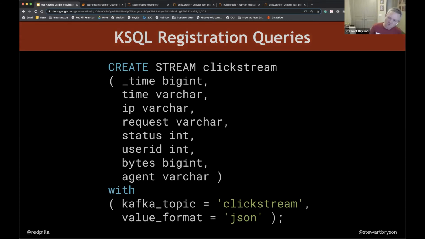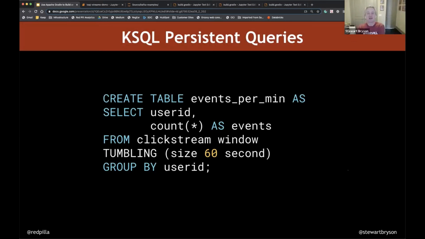Now we also have persistent queries, and they are exactly what the name implies. When I say create table or create stream as select, then as soon as I issue that statement in KSQL, not only do I get that new table or that new stream, I get a new topic if it doesn't already exist. So KSQL will create that for you.